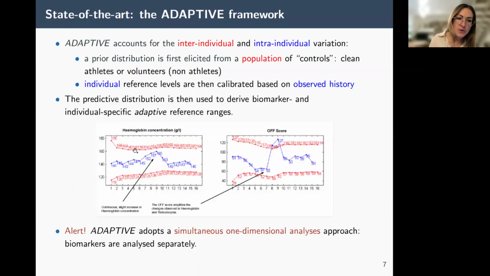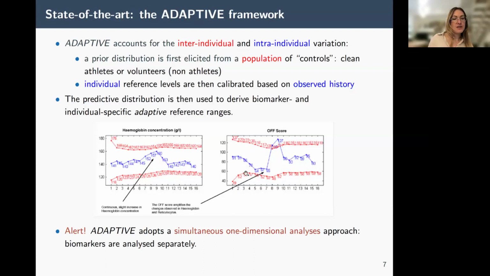So that's why when you look at these reference ranges, this will change over time, will change according to the values that we observe for the same individual over time. So this reflects the name of the methodology, which is called adaptive, because adaptive are the reference ranges.